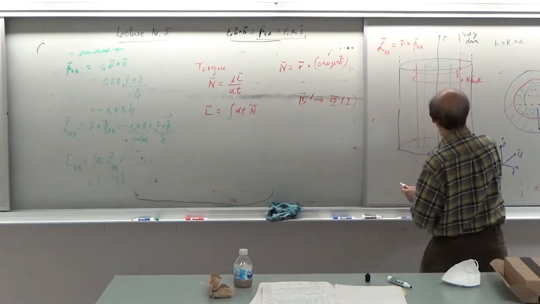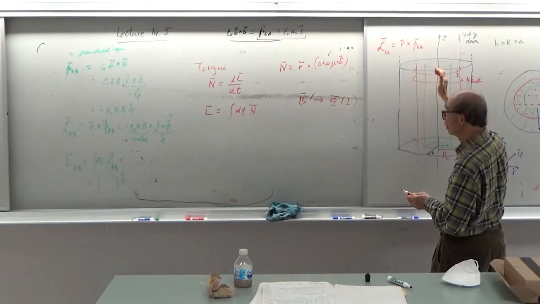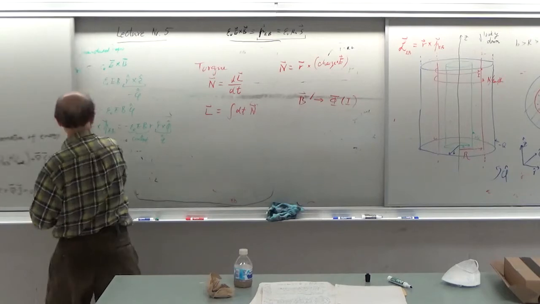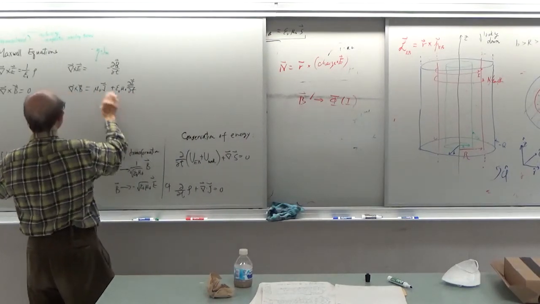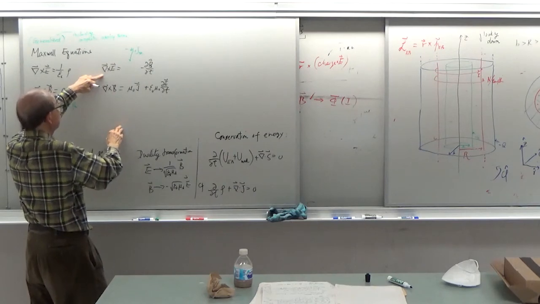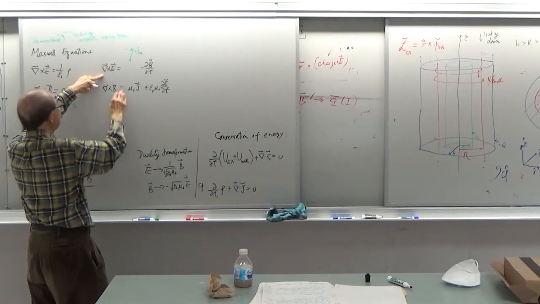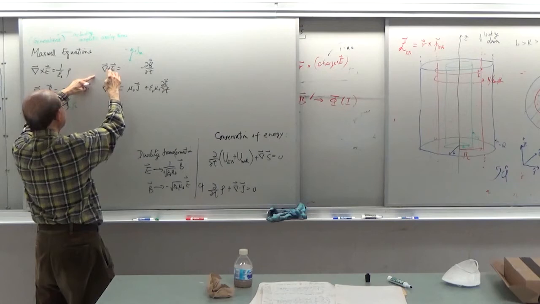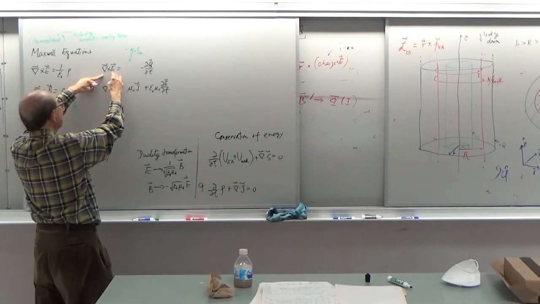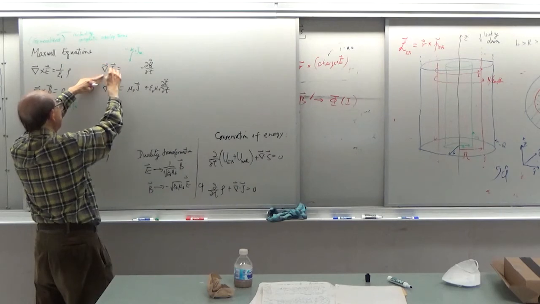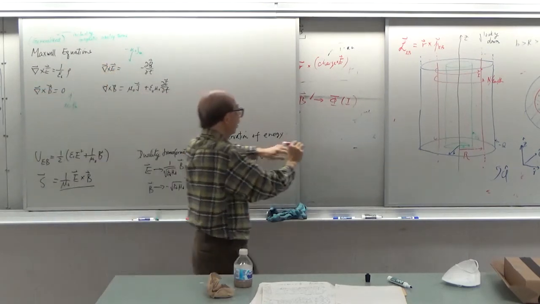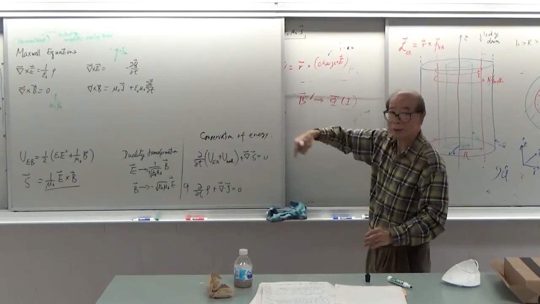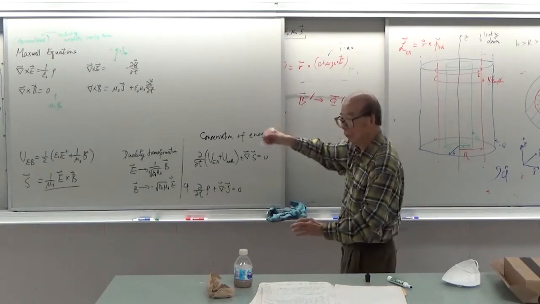B is along the radial arc. So if you now make use of Faraday's law, take the area integral on both sides, and then the left-hand side can be written by means of Stokes' theorem as a line integral of E. With Z pointed up, E would be pointed along the phi direction, circumferentially.